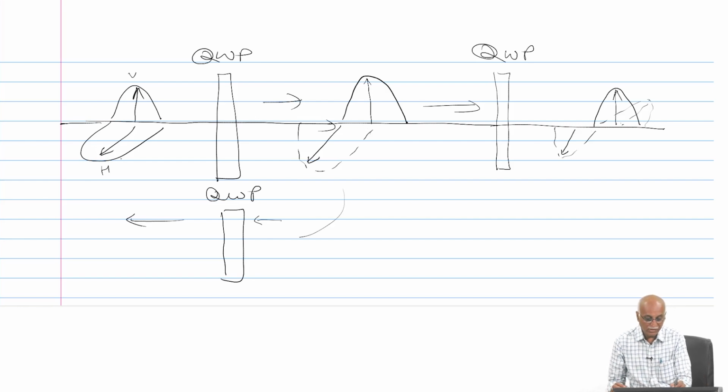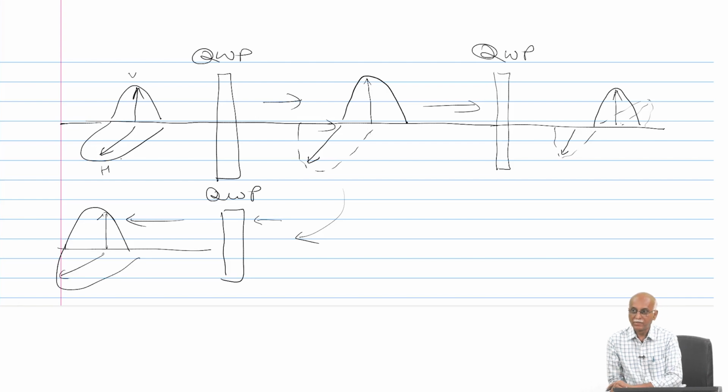So, input is this, output will be the same as this. If it is in the forward direction, it is 180 degrees out of phase. If it is in the reverse, it will become 0 once again, it will match.